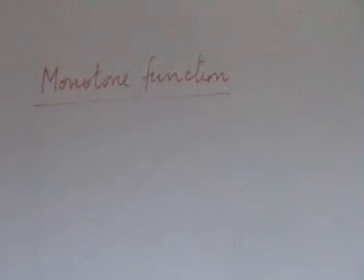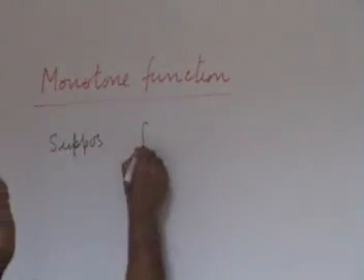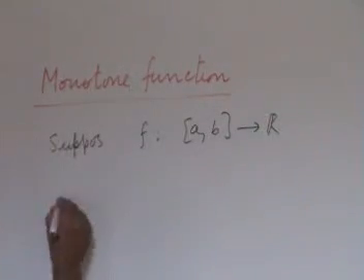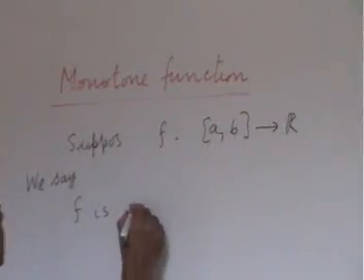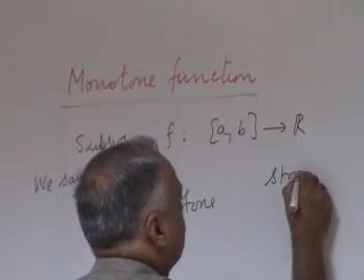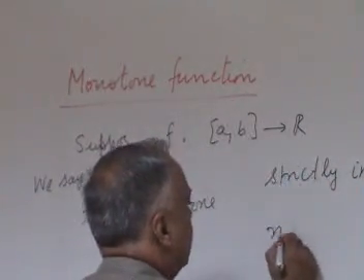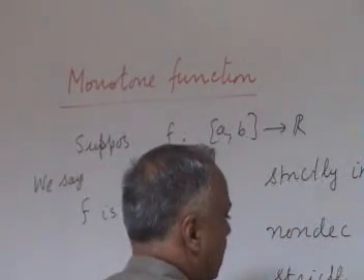Suppose f maps A B to R. We say f is monotone, strictly increasing, non-decreasing, or strictly decreasing.